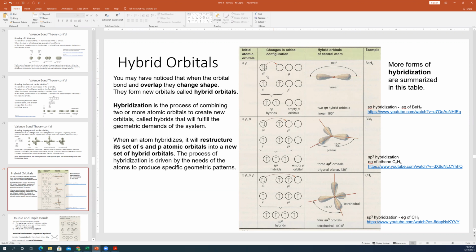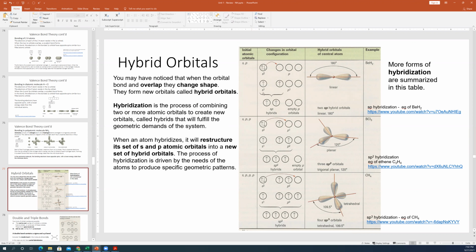So for example, if you have an s orbital, that s orbital can redistribute by promoting one of its electrons to a higher energy level into its p orbital.